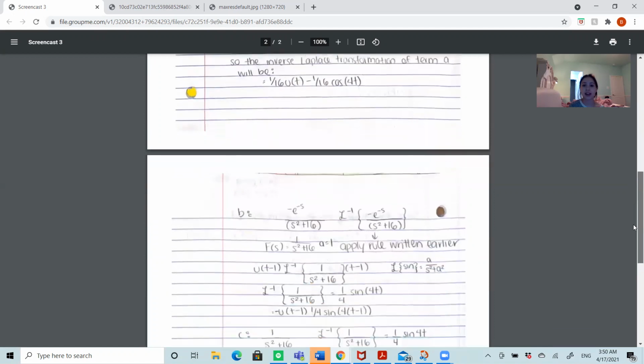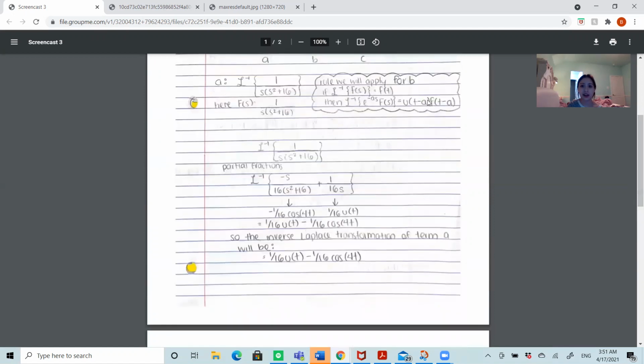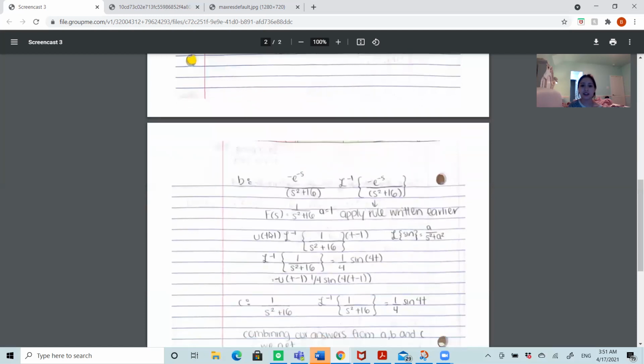So we get that here's the Heaviside step function of t minus 1, and then we're going to take the inverse Laplace transform of F of s, which is 1 over s squared plus 16. a will be equal to 1, so that is why we have t minus a here, and here we have the 1.